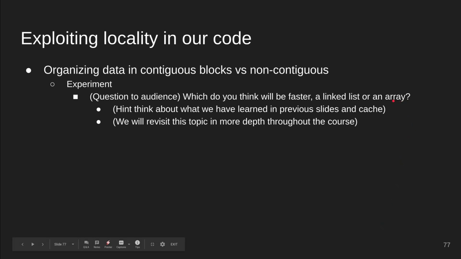Because the data probably gets better spatial locality, and it's easier on the cache to just load up an entire cache line for that array, okay? So things like a vector data structure in C++ are often very efficient.